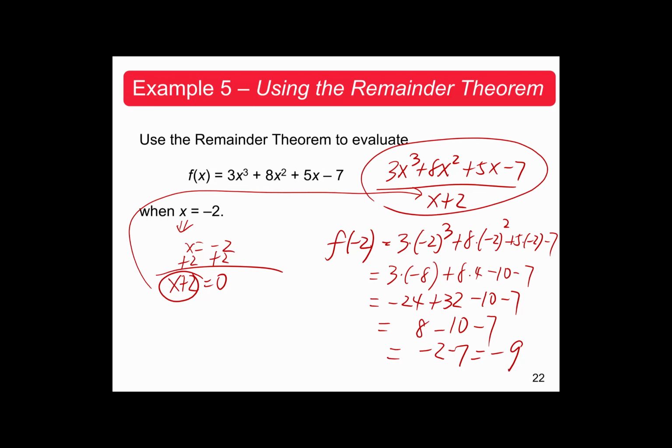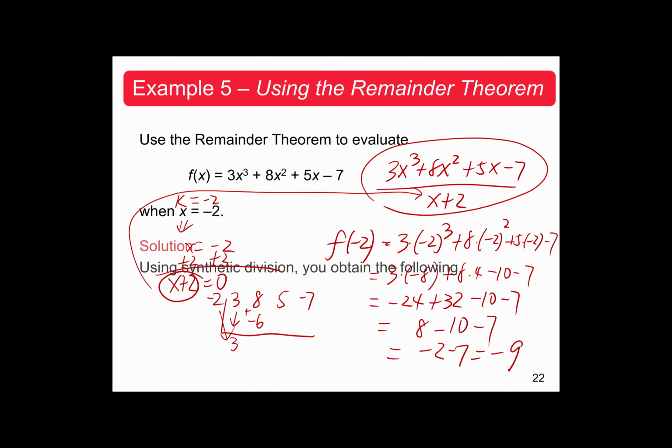Maybe let's quickly apply the synthetic division to check it. So carry all those coefficients: 3, 8, 5, negative 7. So k here is negative 2. So negative 2 goes here. Carry down the first number. Multiply diagonally, again, negative 6. Adding vertically, you get positive 2.